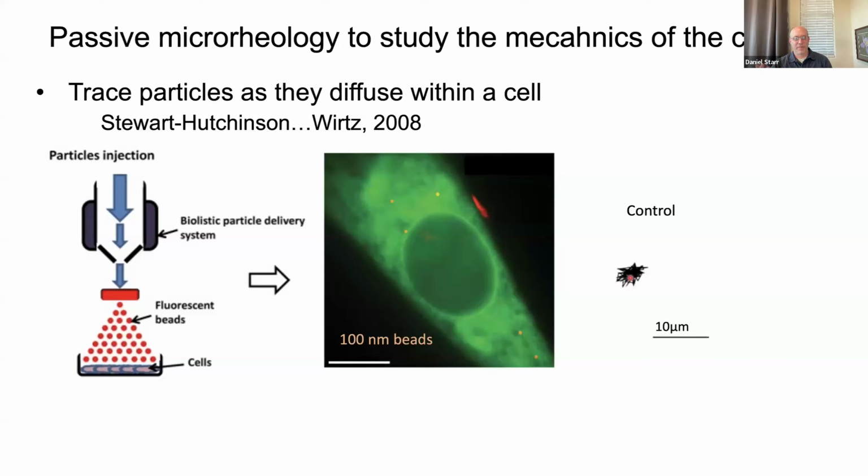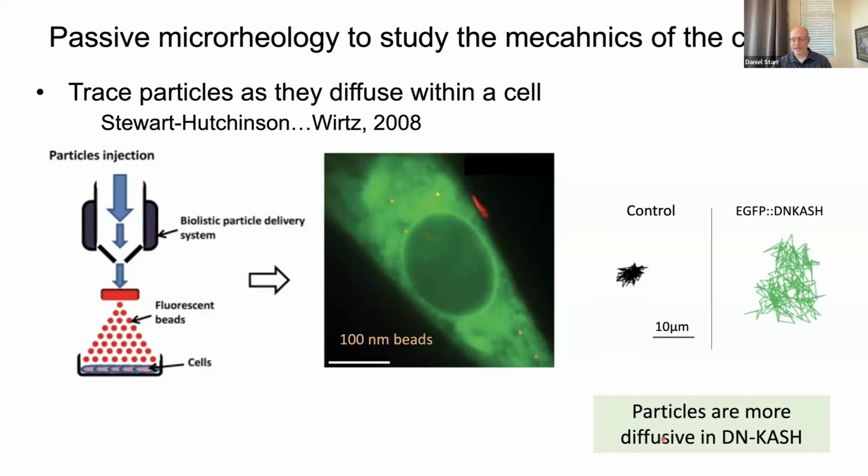And you can learn about the biophysical properties of the cytoplasm by the way these particles are tracking around. And the Wirtz lab showed quite a while ago now, in 2008, that if you disrupted KASH proteins with this dominant negative KASH construct, these beads explored a much larger space, suggesting that the cytoplasm was less crowded or less viscous, even far away from the nucleus.